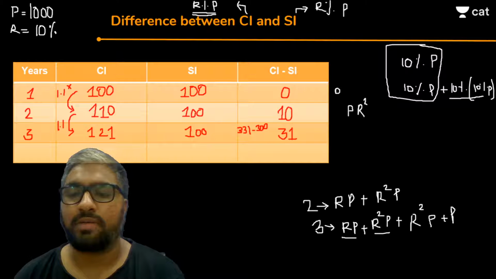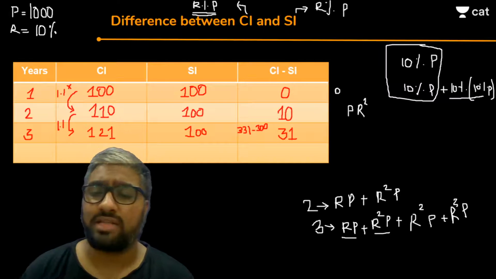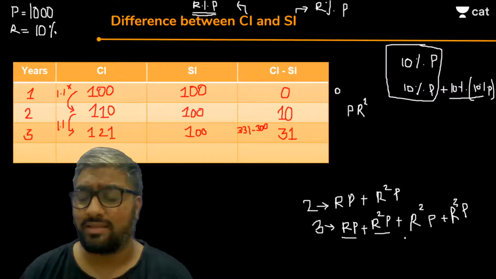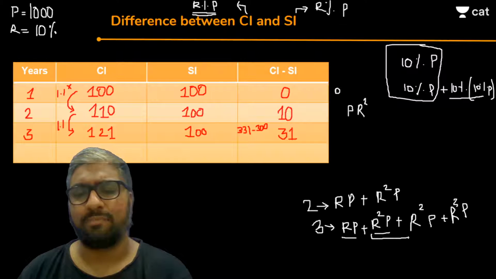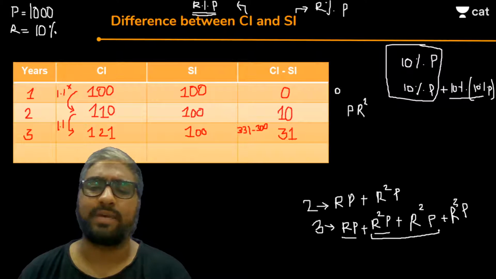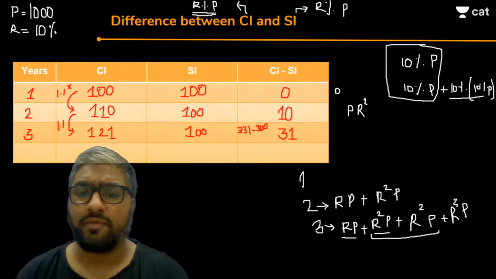If you don't understand this, don't stress yourself. We'll focus more on the questions and examples that will help us understand this better. So what happens now for 3 years together? The first year we had R percentage.